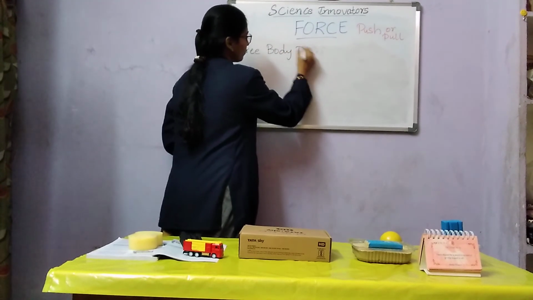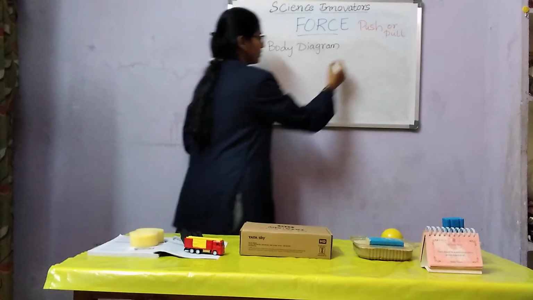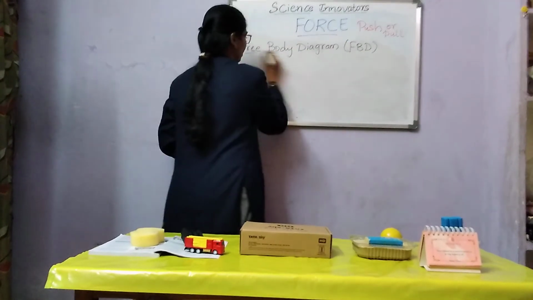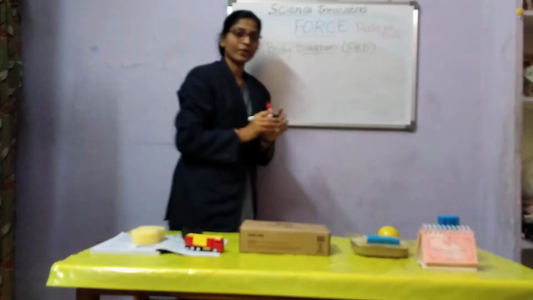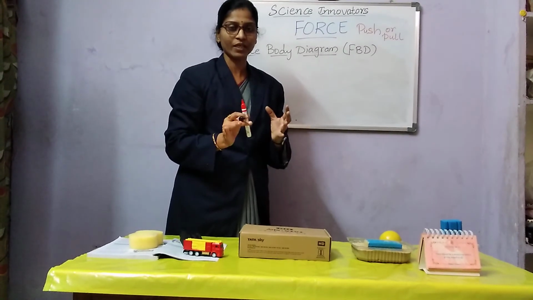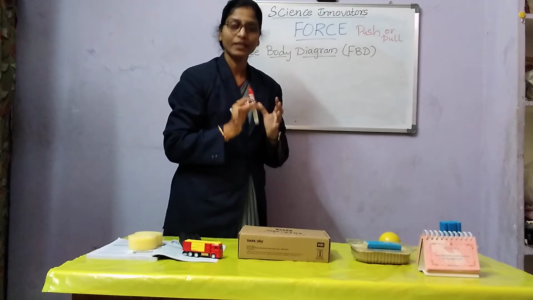The free body diagram, simply FBD, is the diagram showing all the forces acting on an object or body.